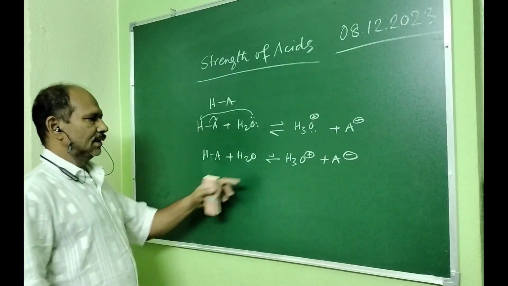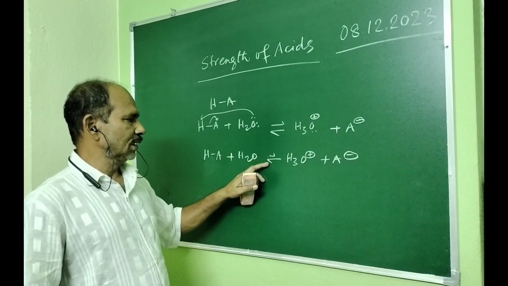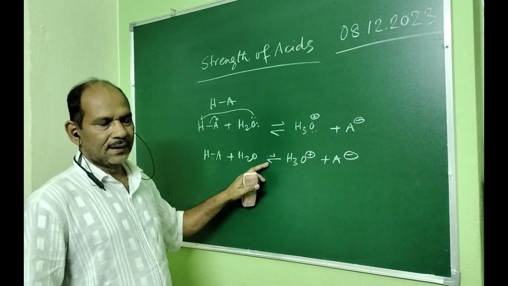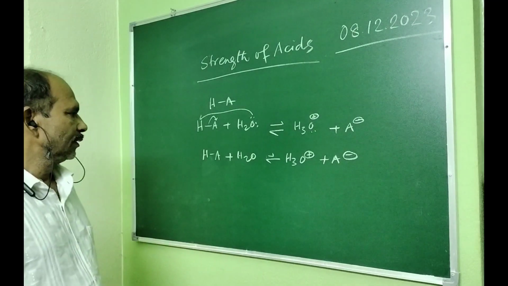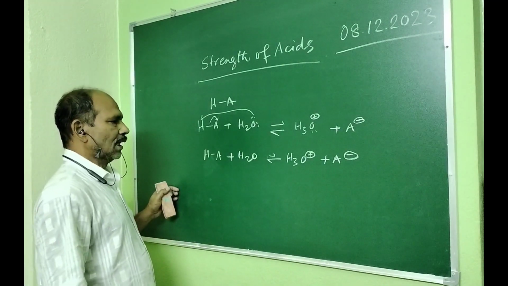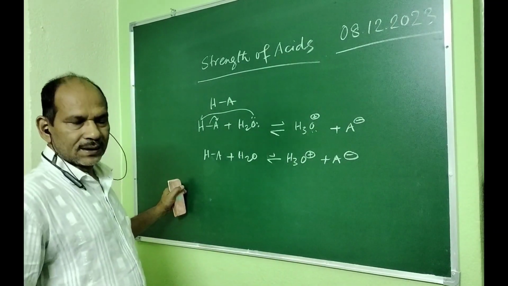Notice that in the equilibrium sign, this side is shorter than this side in length. That means the equilibrium is mostly shifted towards the left side.